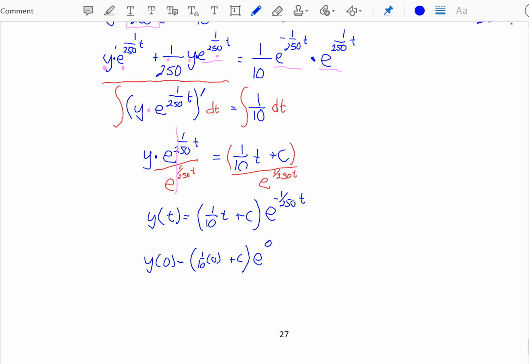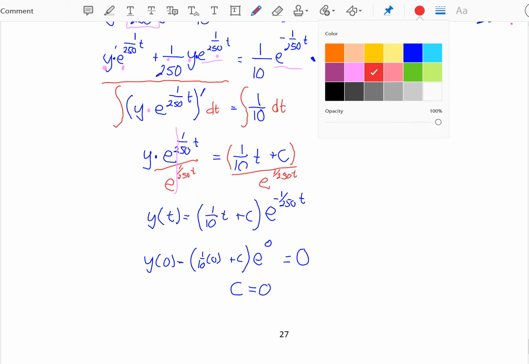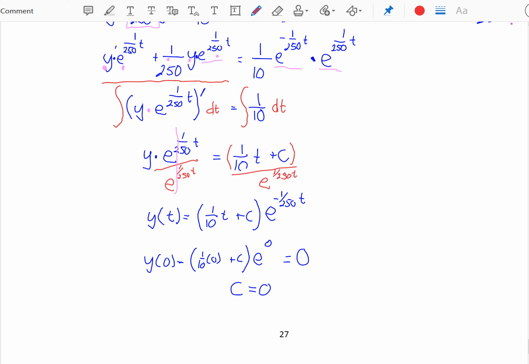And this all has to equal 0. If I try and simplify this, I think this tells us just c equals 0. Of course, that has to be because 1/10 times 0 is 0, and e to the 0 is 1, so this is just c times 1 equals 0. c has to be 0.